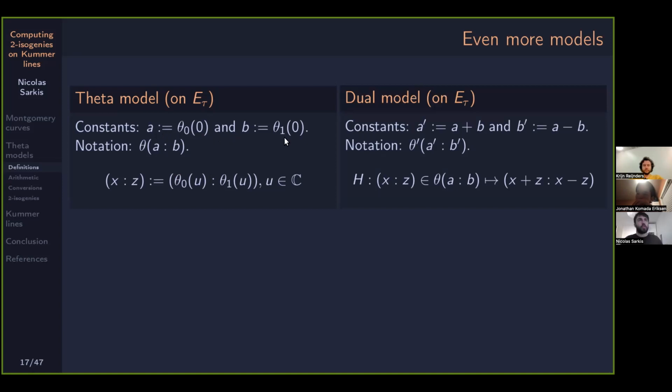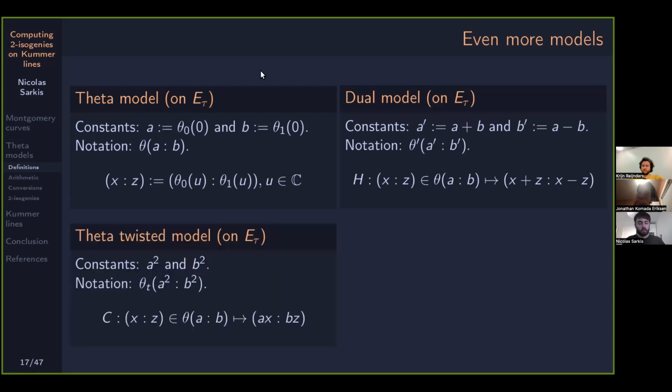You take the x coordinate and the z coordinate, and you do the addition on one side and the difference on the other, and it's bijective. So you transform a basis into another basis, and this is what we call the dual model. You stay on the same curve. You could also multiply by the theta constants A and B, because these constants are not zero. If you multiply the x coordinate by A and the z coordinate by B, you still have a basis, so you have a new theta model. This is what we call the theta twisted model.